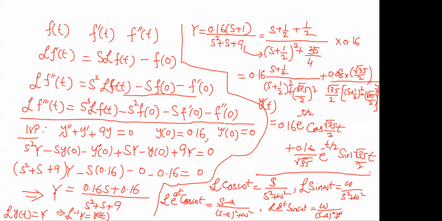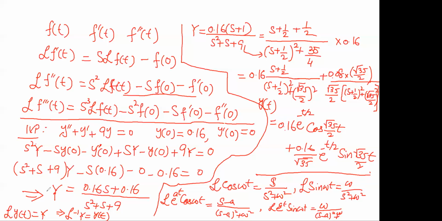Okay, so in this case, we have solved the initial value problem. You can see that the solution of the initial value problem involves certain steps. First of all, you take the Laplace of the differential equation and convert it into the S domain, and then you represent all the S functions on the right hand side of the equation.